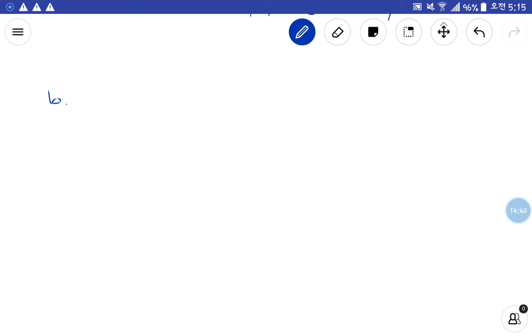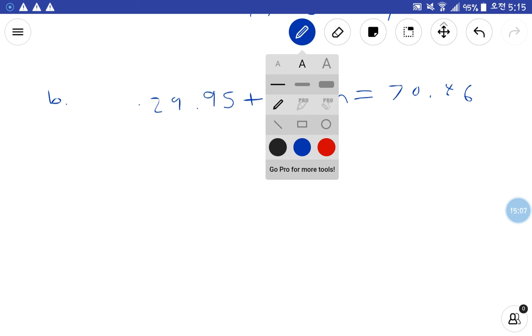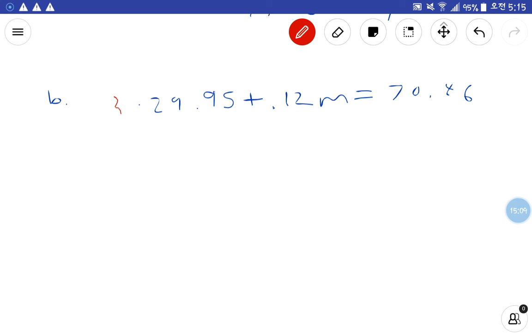So I have to modify my equation a little bit. Before, I had 2 times 29.95 plus 0.12 m equals 70.46. That was my original equation, right? Now I have 3 days. So instead of 2, you should put 3 here.